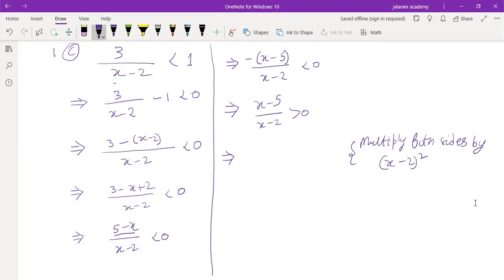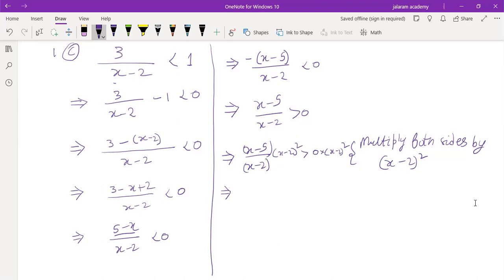Positive, as the square of a number is always a positive number. So we will multiply the left hand side with x minus 2 whole square, and then we will multiply the right hand side, that is 0 also, with the same number. Is that clear to you, everyone?